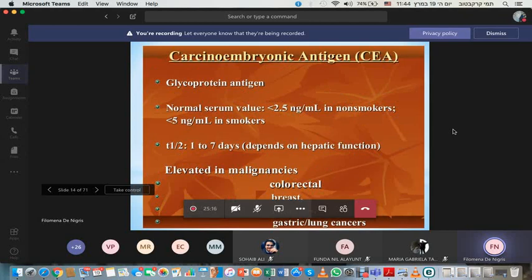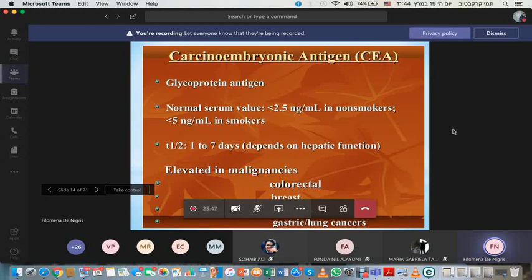Another marker is CEA. CEA is a glycoprotein, also present in blood. We can take another small amount of blood and verify the presence of this protein. This protein is an embryonic antigen. It's not present in a normal adult individual.